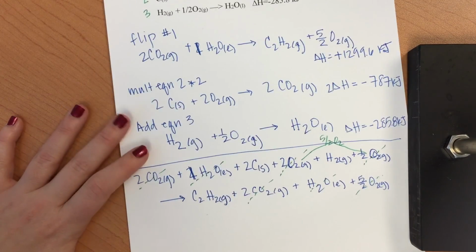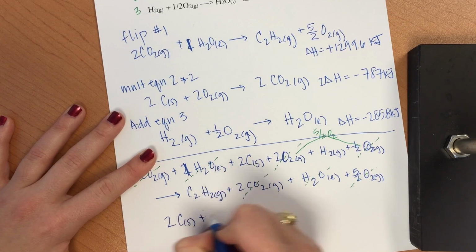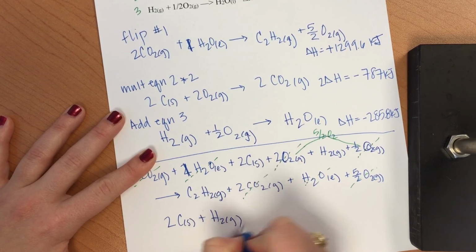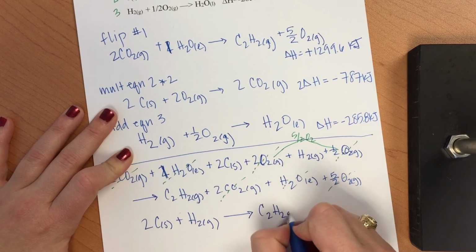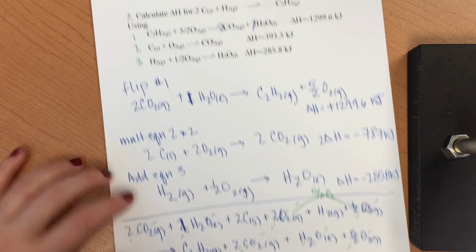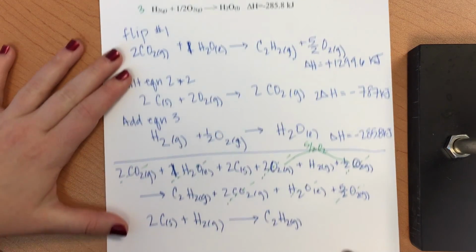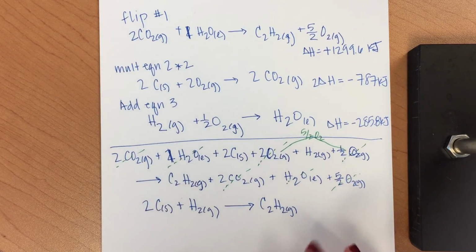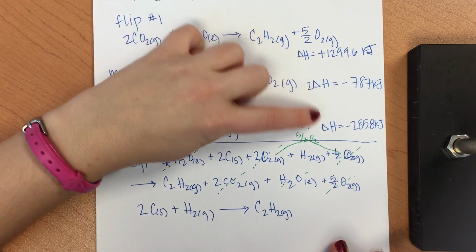So what do we have left over? We have 2 moles of solid carbon plus hydrogen gas goes to C2H2 gas. This is great. We've manipulated the equations to get back what we were asked for in the beginning of the problem. But what is delta H? So in this case, based on Hess's law, we can now sum together the delta H for each of these reactions.